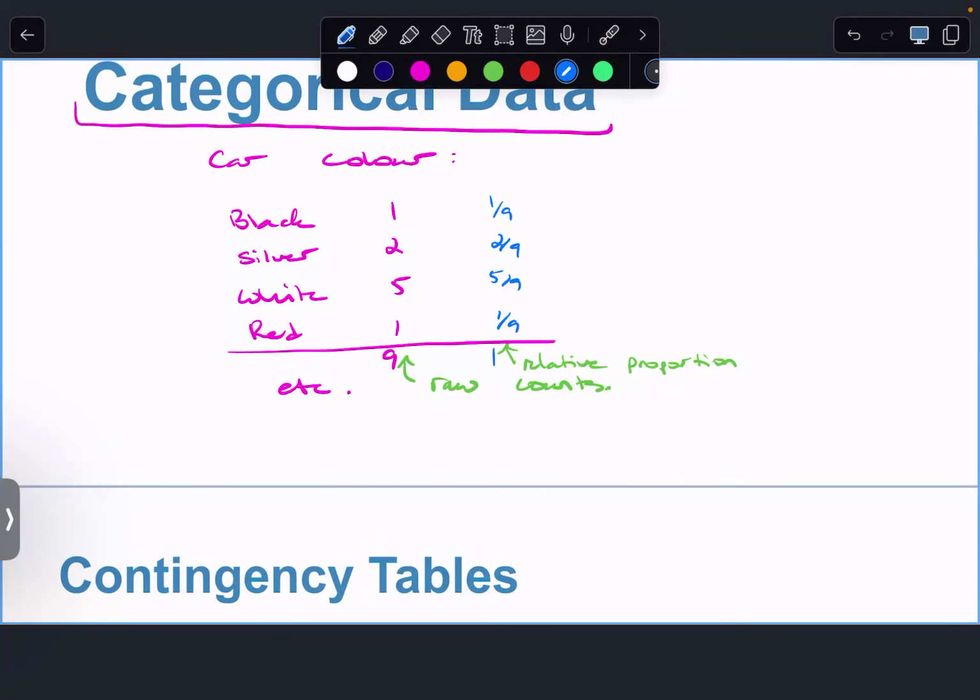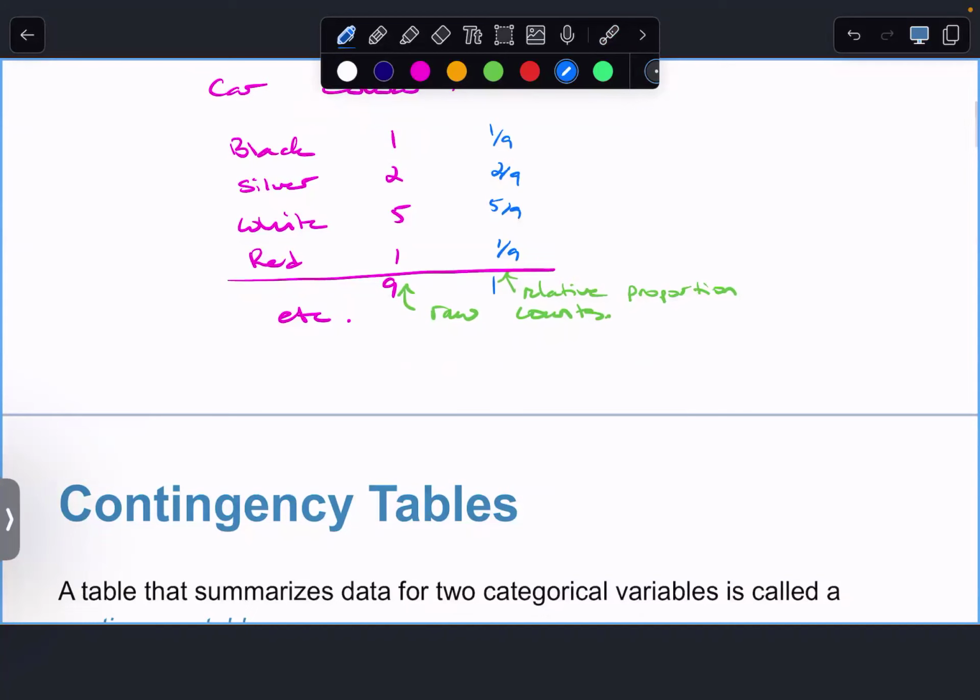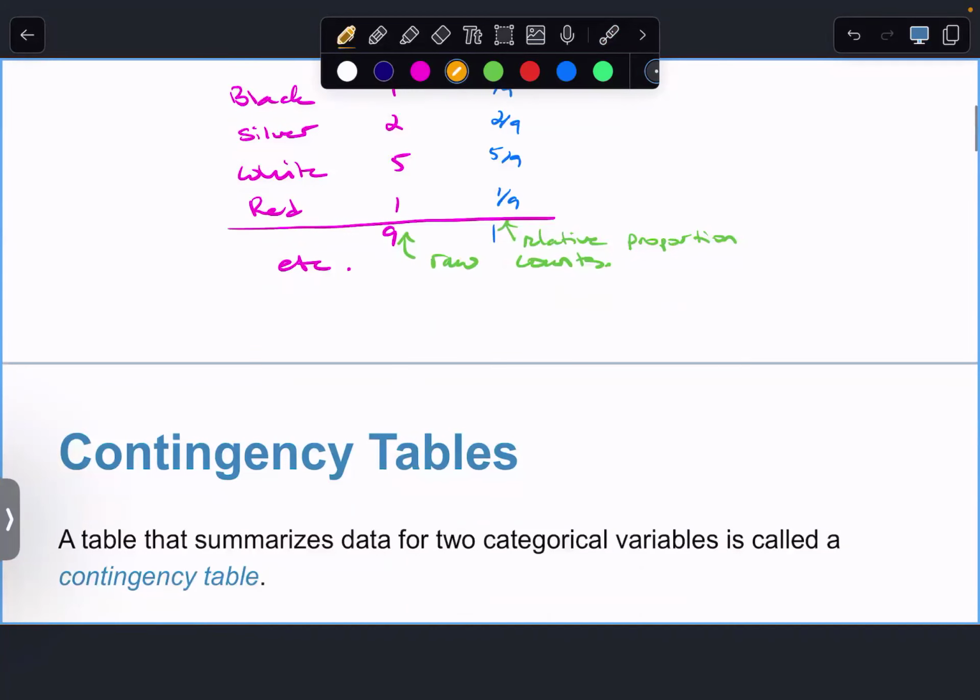But one thing that we're going to really emphasize today is that a proportion is a probability, which is roughly a percentage. I say roughly because I'm picky like that, but also because we have to multiply by 100, right?